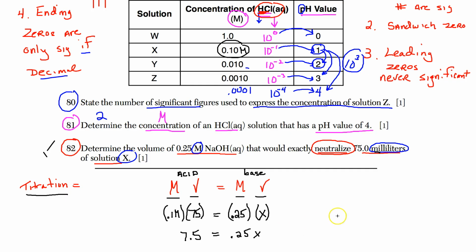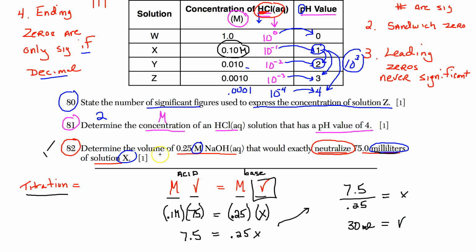When we solve for it, we put 7.5 over 0.25, and that equals our x, which is our volume, and I get 30. It'll be milliliters because we didn't change the unit. So 30 milliliters is my volume of my base.